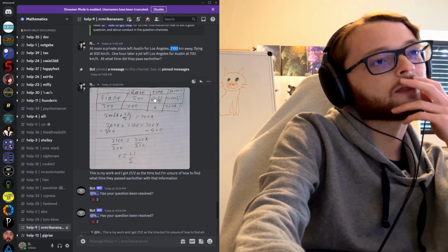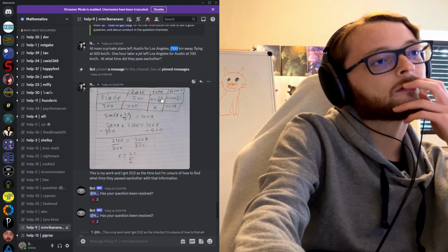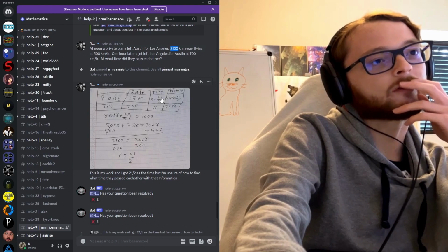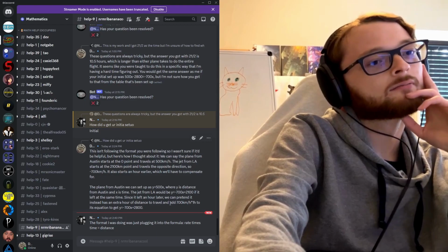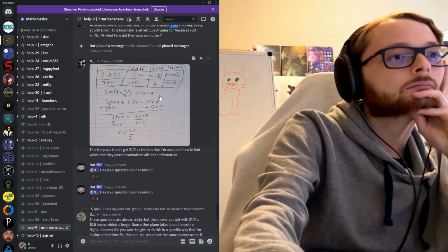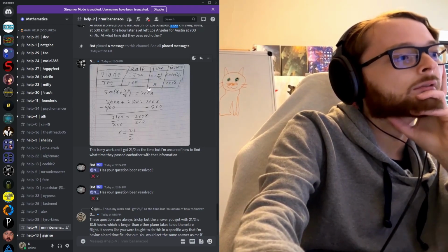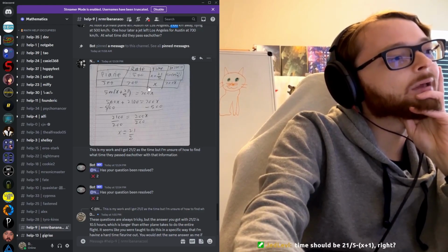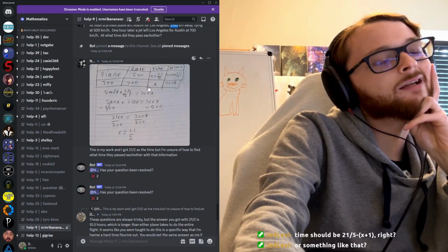If they added 1 to this fraction, if it was 21 over 5 plus 1, that'd be 26 over 5. Which would give you 2600, but we needed 2800, didn't we? Yeah. We made this bottom one x plus 1. Maybe? That looks a little complicated, though.